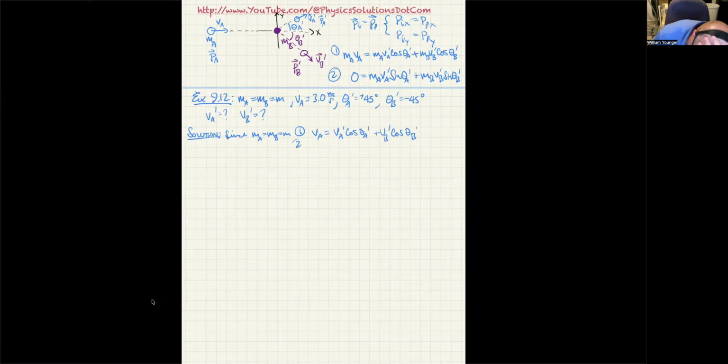And equation 2 is going to become 0 is equal to VA prime sine theta A prime plus VB prime sine theta B prime. Excuse me, that's supposed to be a sine, not cosine. That's sine theta B prime.